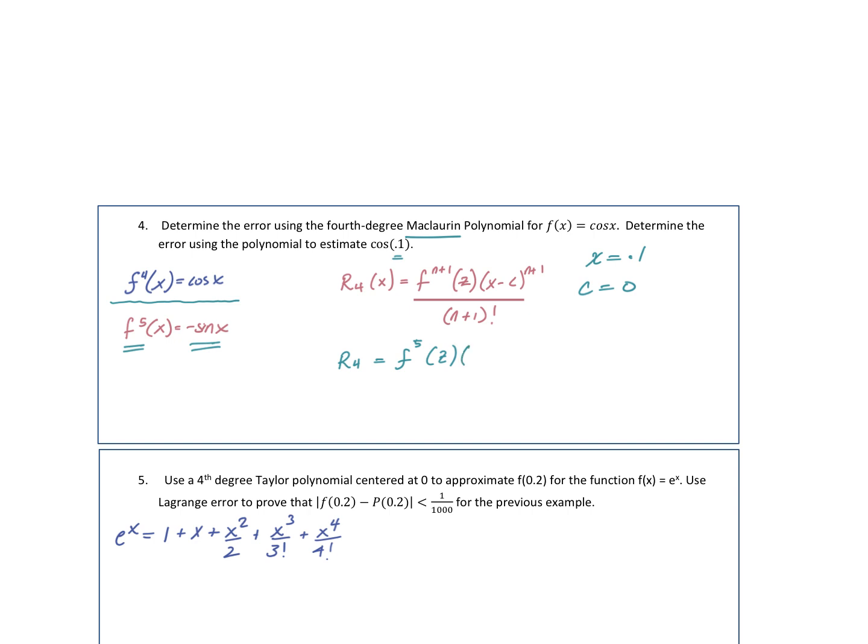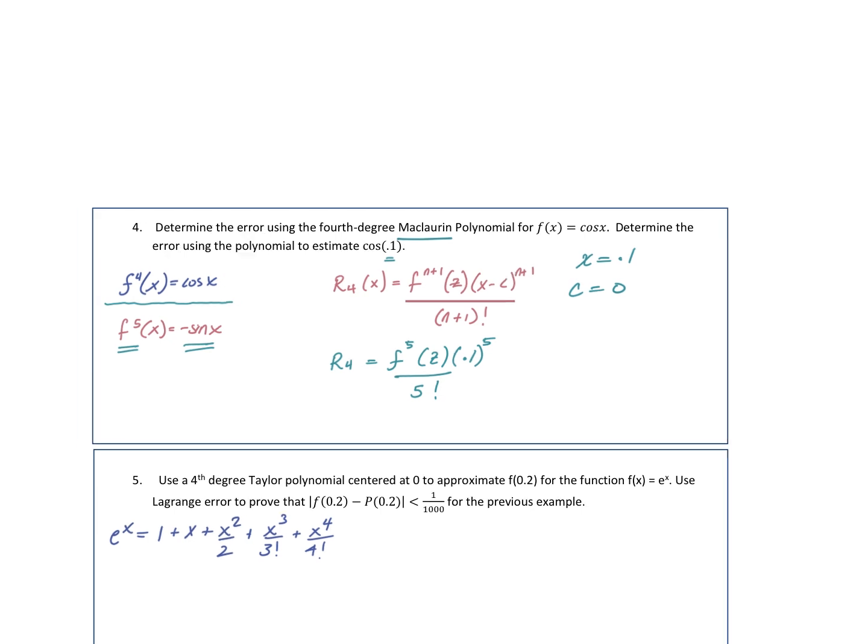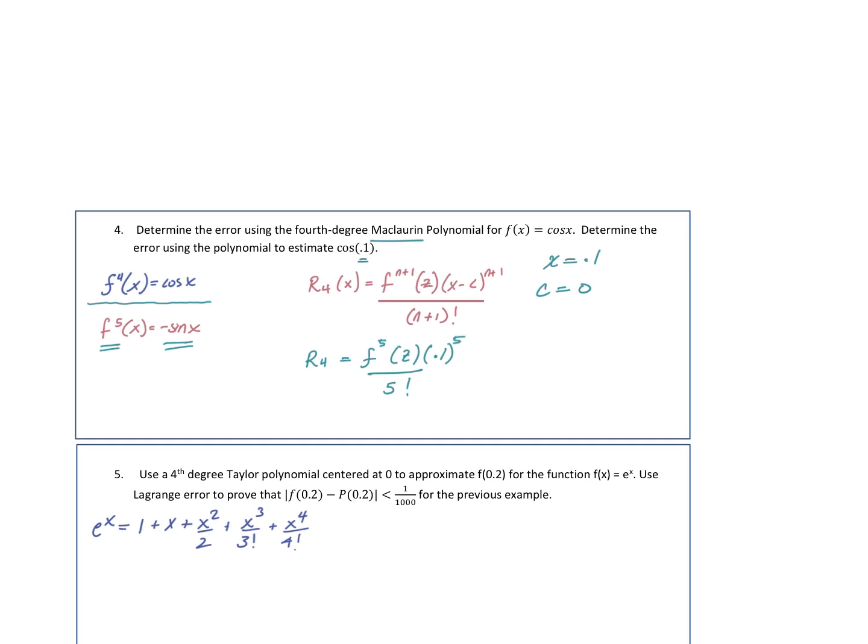So 0.1 minus 0 would give me 0.1. And then it's going to be to the 5th power over 5 factorial. And once again, I did use my calculator, but for this, we need to come up with some value.